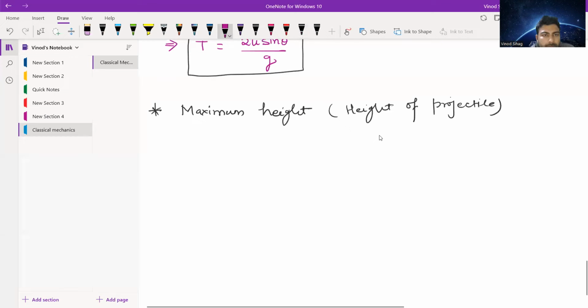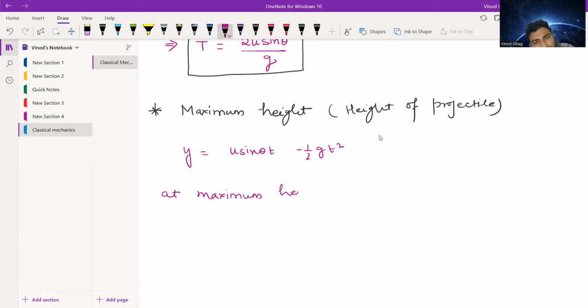So let me write it. It was y equals u sine theta into t minus half g t square. Now at maximum height, y equals h max, and we are not going to take the total time of flight, because that is the time for the whole trajectory.